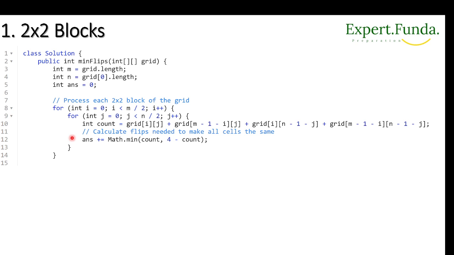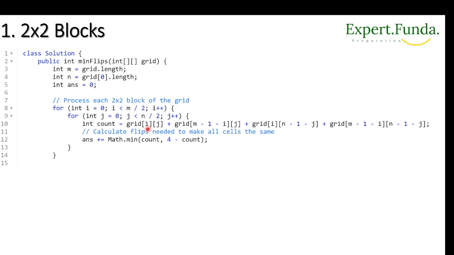So let's understand the code. First of all, we are given 2x2 blocks, and in these blocks we are given a grid. We will get the rows and columns, and then first we will process the blocks. For the 2x2 blocks, we divide m by 2 and n by 2 and go till that. Then we count the grid values.